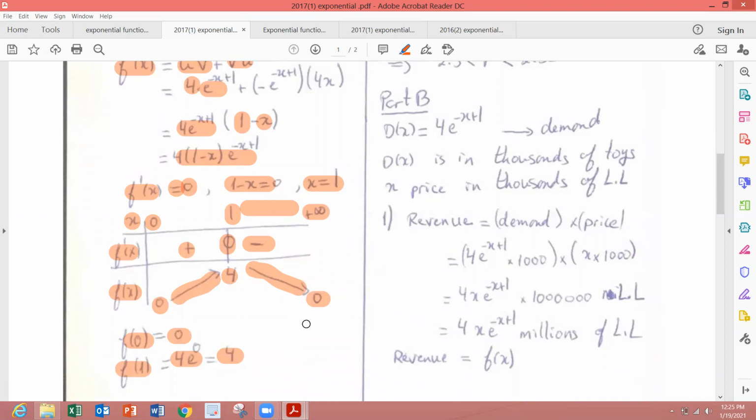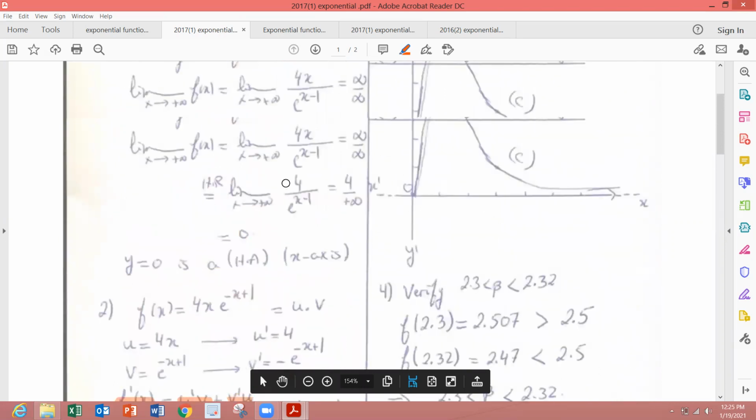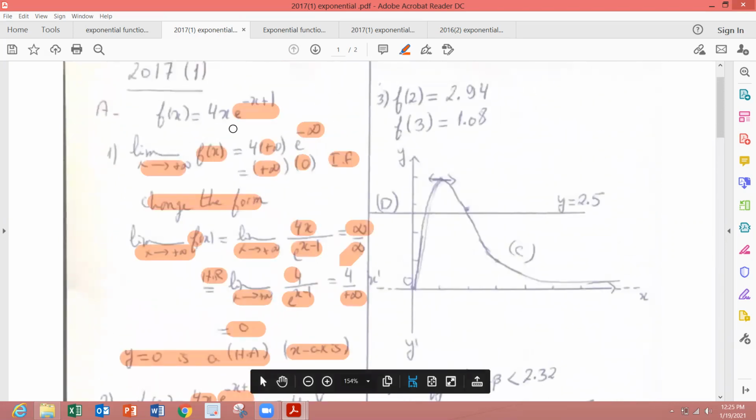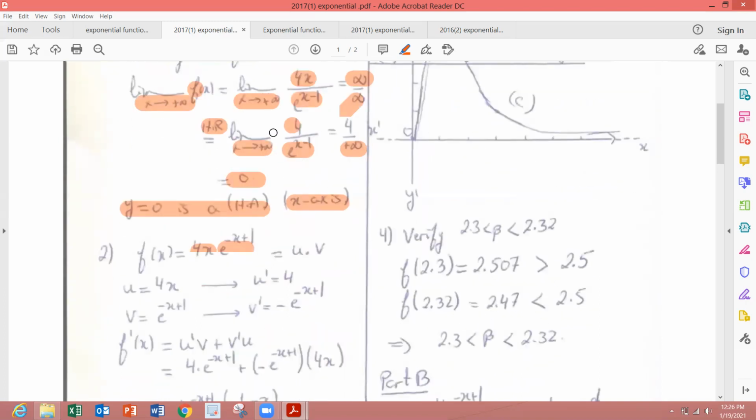Here at 0, we have 4x, so if you replace x by 0, 4 times 0 is 0. 0 times e to the power 1 is 0. You replace x by 0, 4 times 0 is 0, 0 times 0 is 0. Okay.